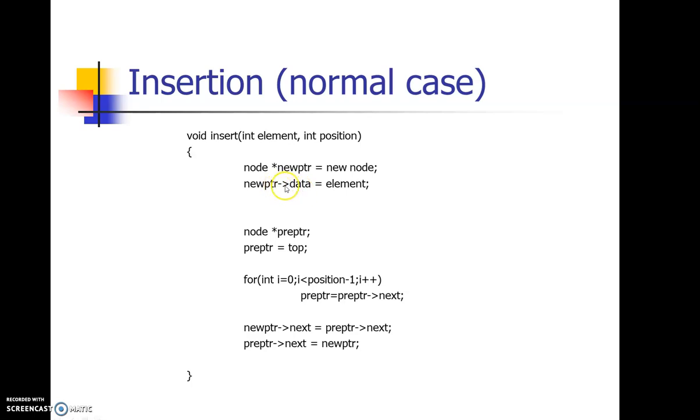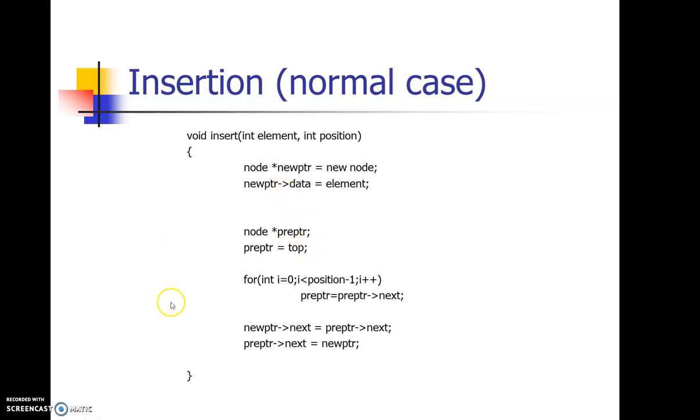Again, remember we mentioned this arrow sign indicates which part of what the new pointer points at I want to access. When we do new PTR, arrow sign, data part, I want to access the data part. And then we make element, which is the value we want to insert, stored into the new PTR data part. So this time we have done the very first part: prepare the space, and then put the element into the data part.